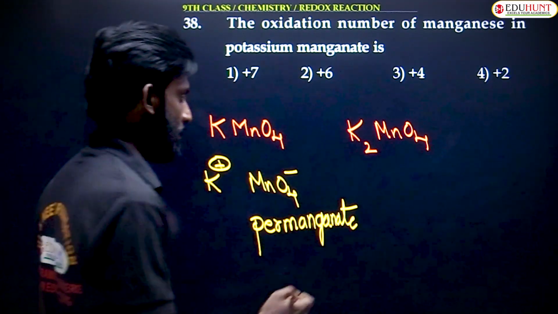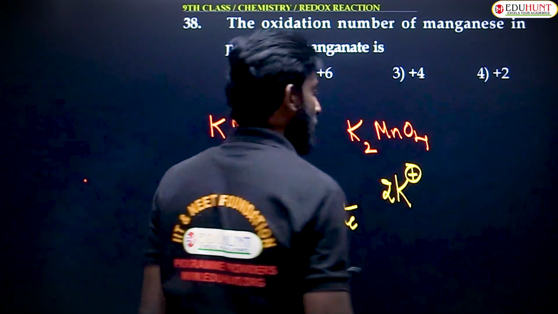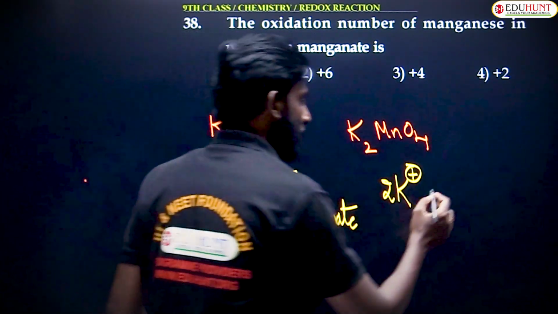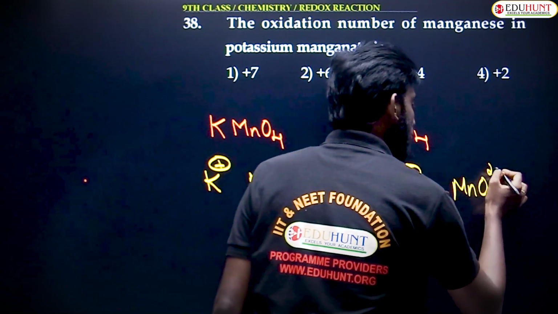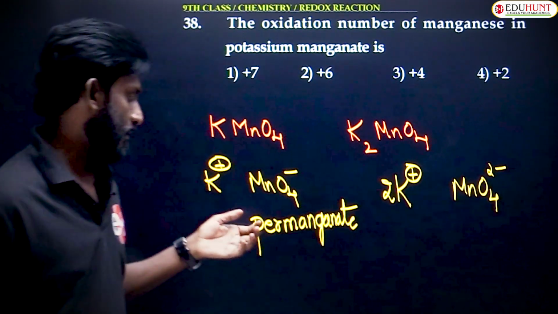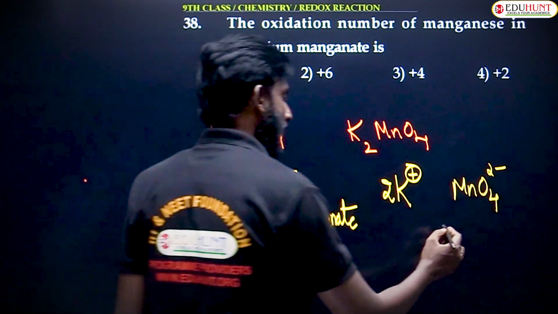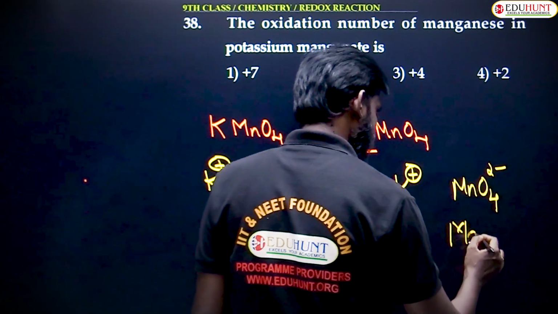Similarly, if you separate two potassium ions, you are left with MnO4 2 negative. Just like the permanganate ion, that is called manganate anion.